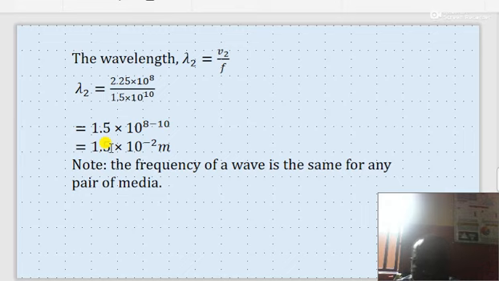In the next video, we're going to have some teaser questions on this theory of refraction of light waves that you will solve.